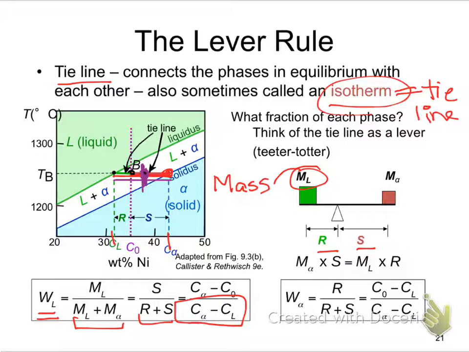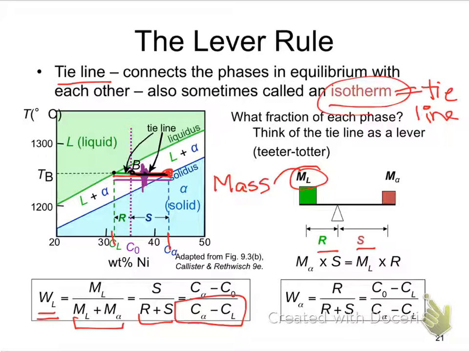So that's the bigger one. You'll want to use the bigger side. If you were closer to the solid and you had a higher percentage of solid at that equilibrium point, then you would use the R, the smaller value.